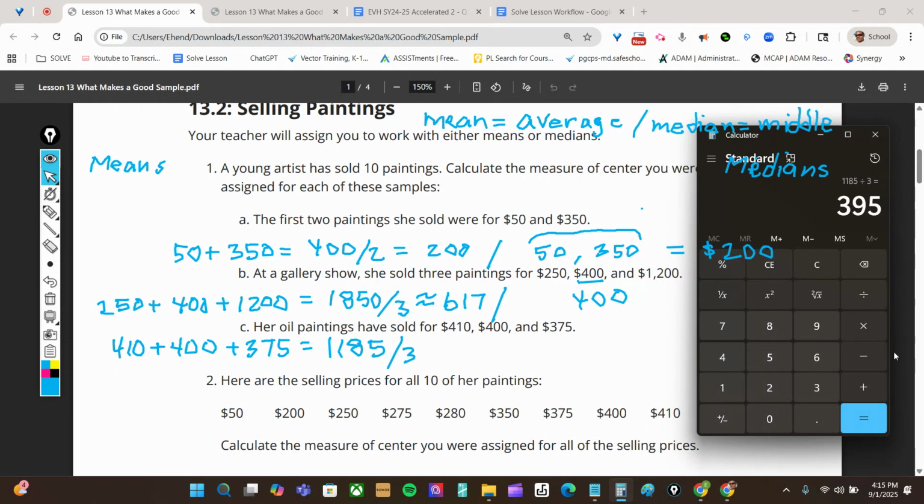Okay, so that is going to equal 395. All right, and then if we put these in order, we have 375, then we have 400 and 410.